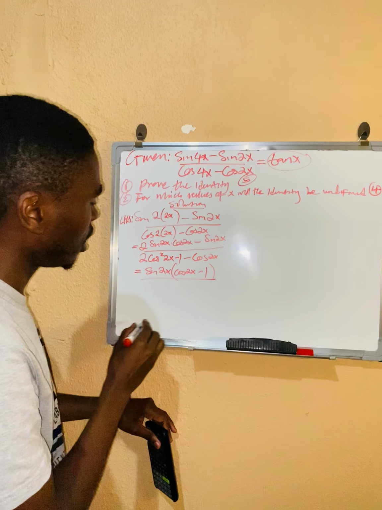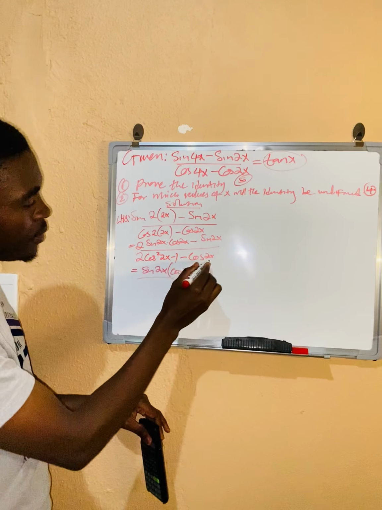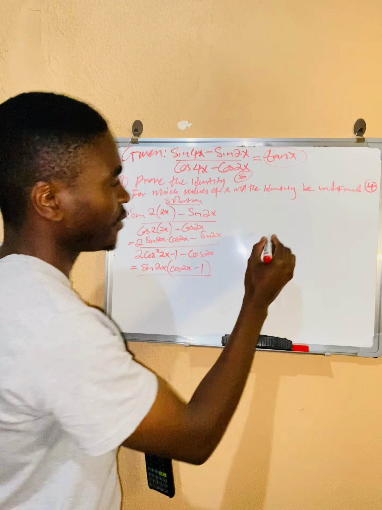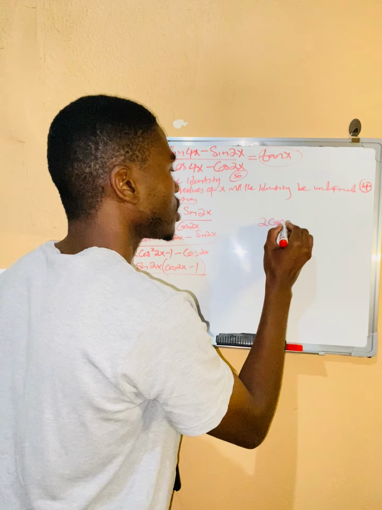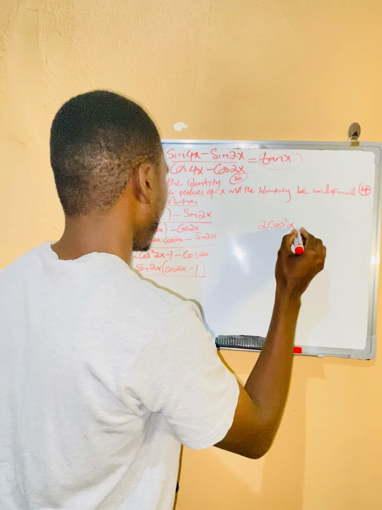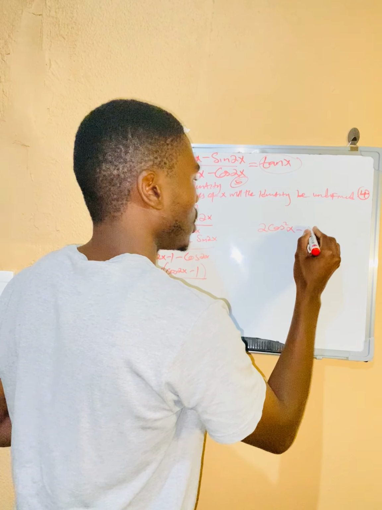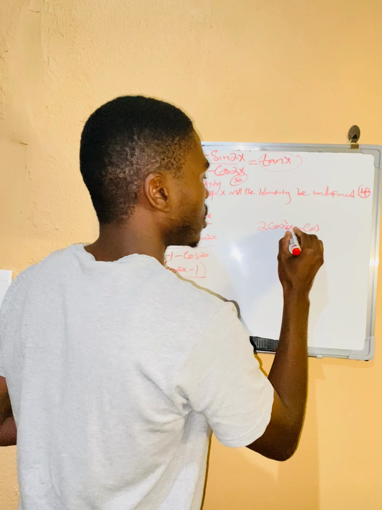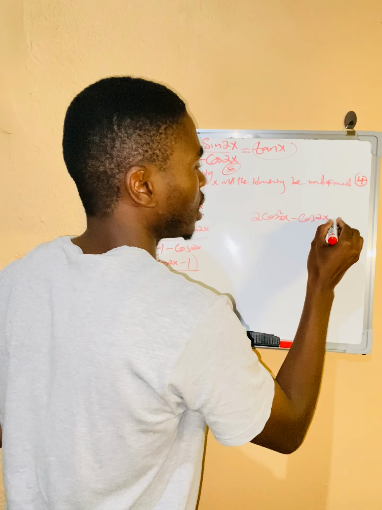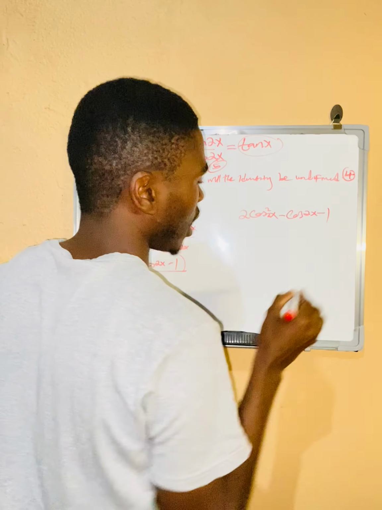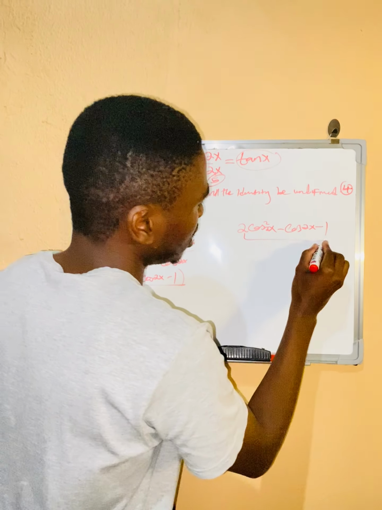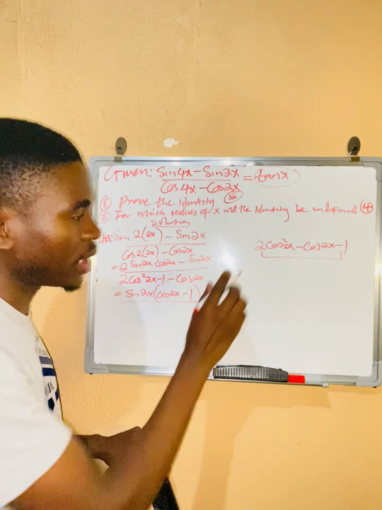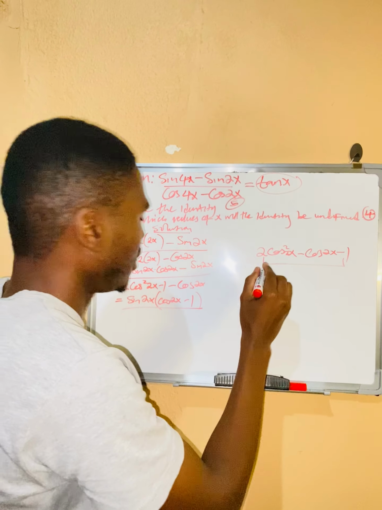All divided by the denominator. If we arrange this, we're going to have something like this: 2 cos squared 2x minus cos 2x minus 1. If we have this, we can factorize it. What are the factors of this?